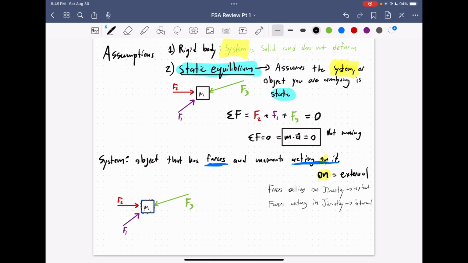So it is basically setting up the object so you can assess and analyze the external forces.